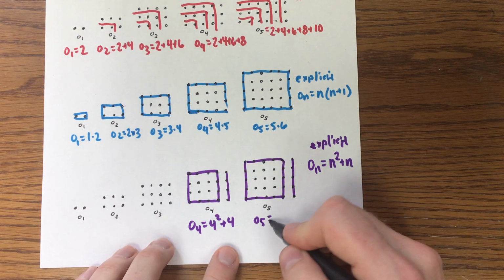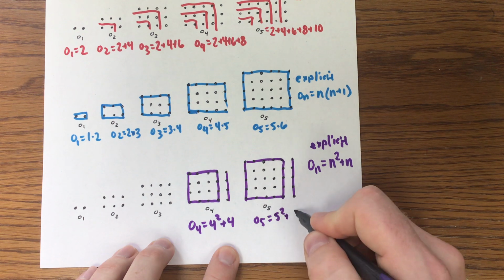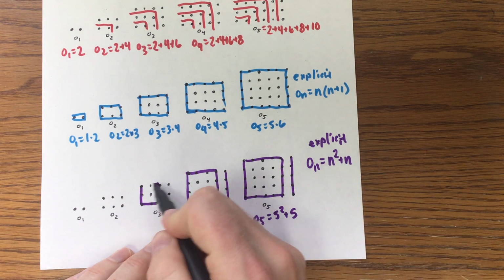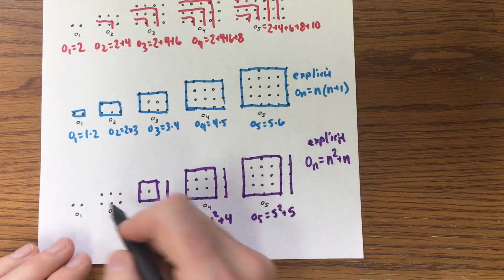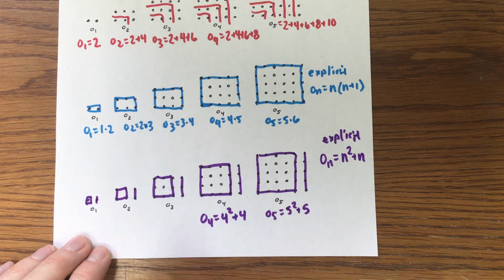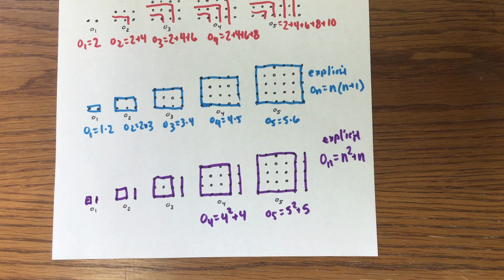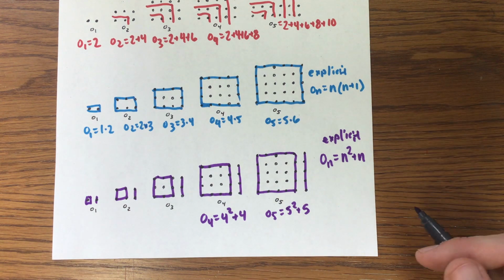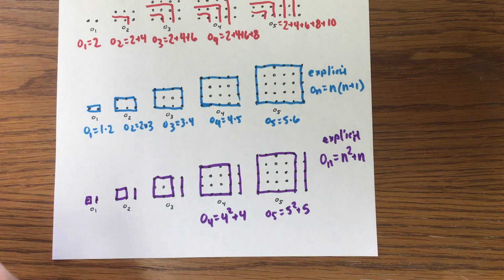So that's really cool. It works all the way down: 3 squared plus 3, 2 squared plus 2, even 1 squared plus 1. So that's super cool. These are 2 different explicit formulas for the oblong numbers. I want to show you another one.